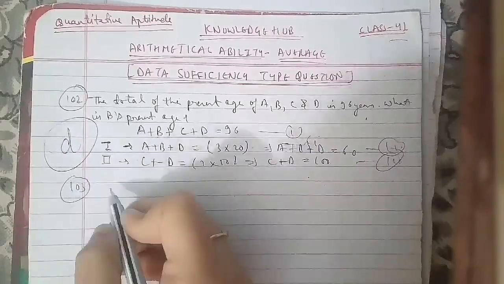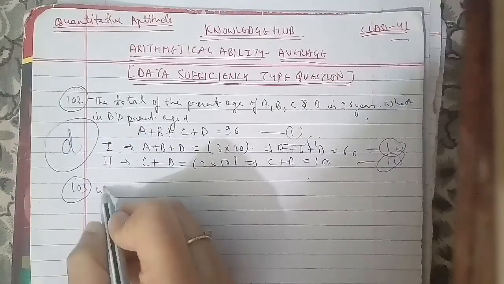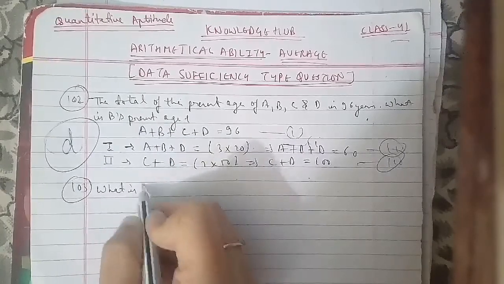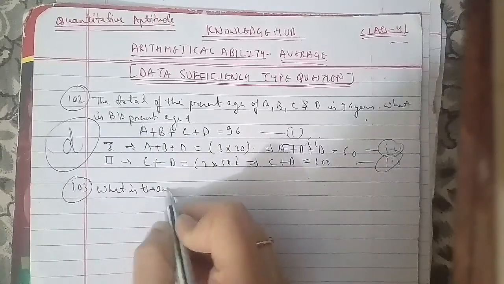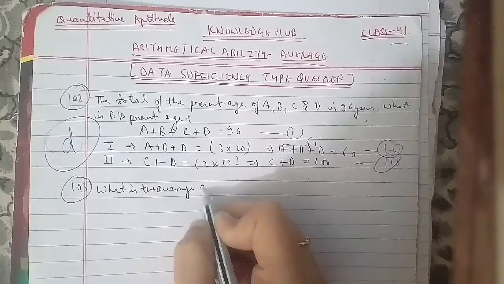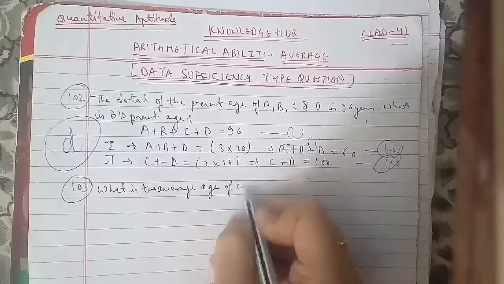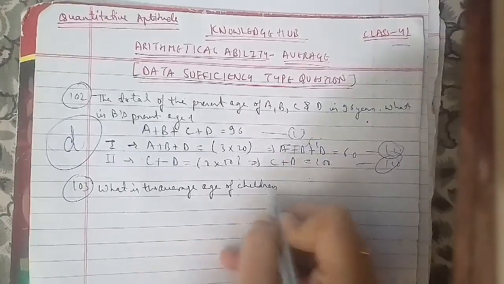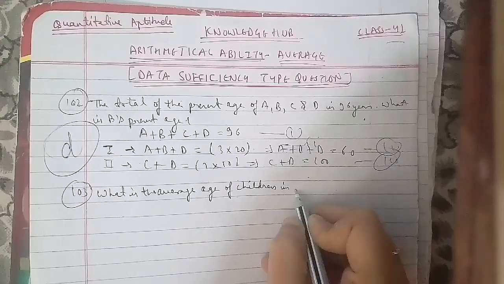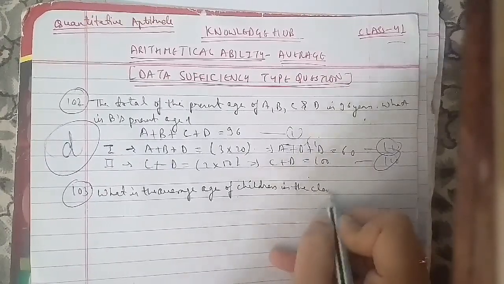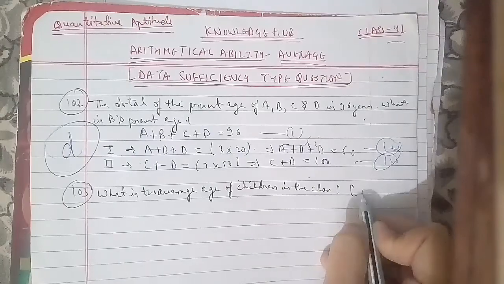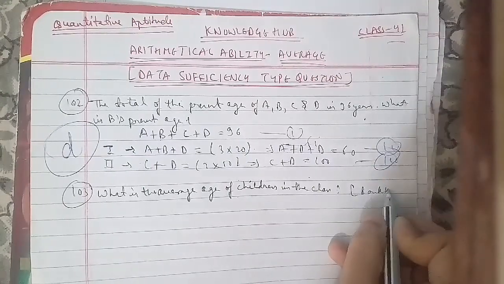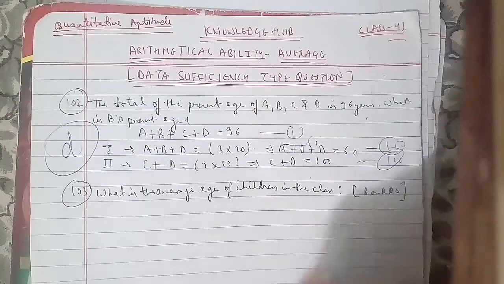The first statement is that the age of the teacher is as many years as the number of children, and the second statement is that the average age increases by 1 year if the teacher's age is also included. That is what we have to find out, and let's go ahead with the solution.